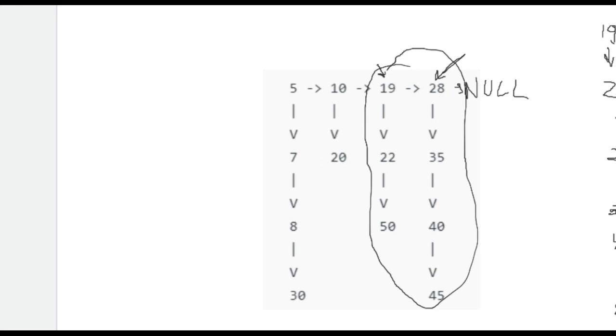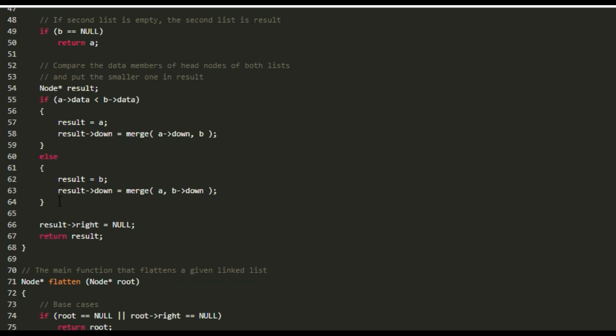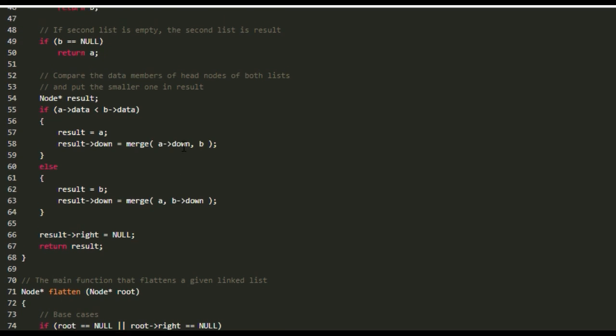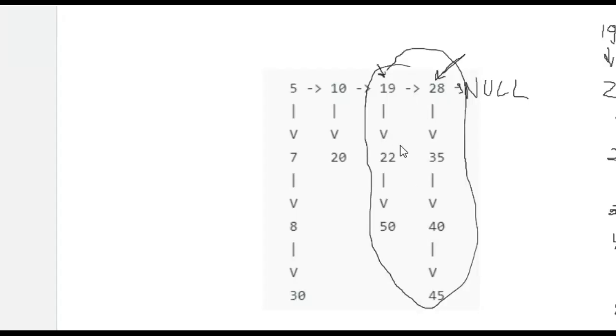As you can see in the code here, this recursive call will keep on going, and after merging these two linked lists, we are going to do the same for this resultant linked list and this linked list.